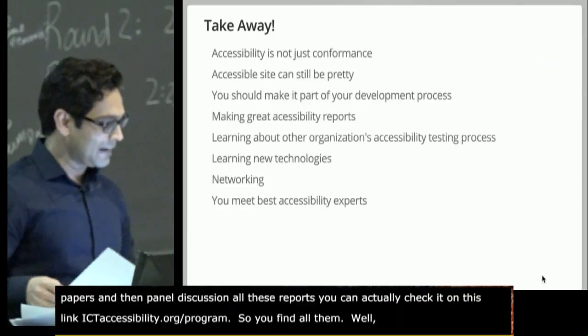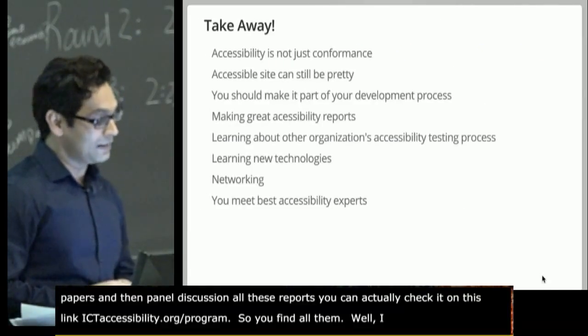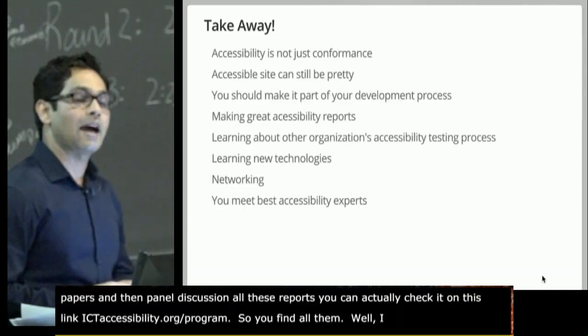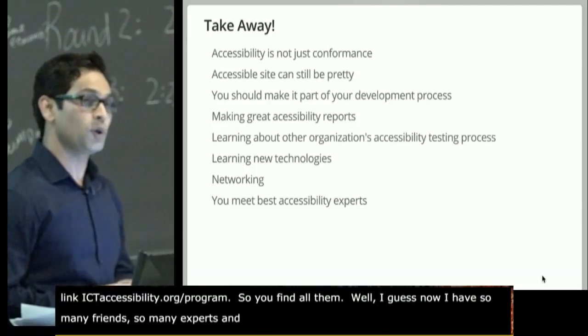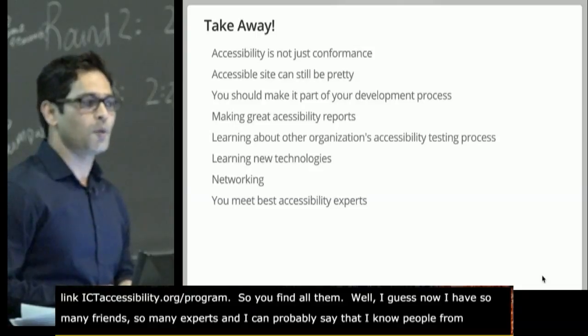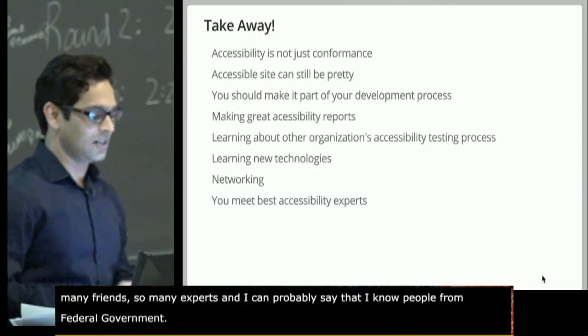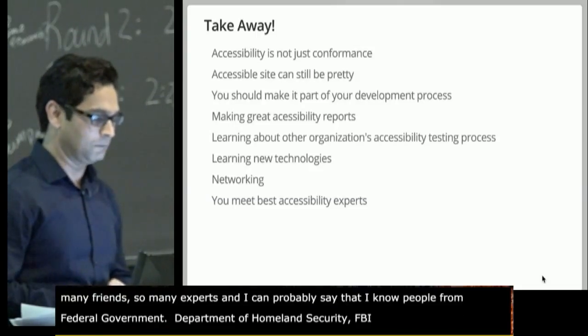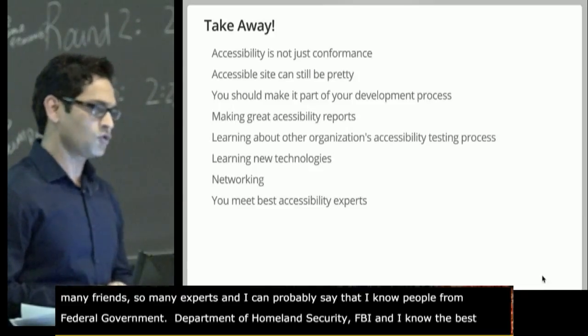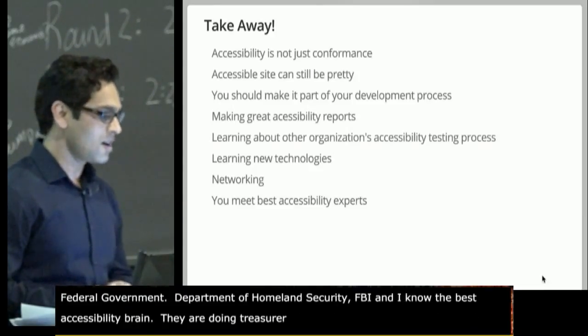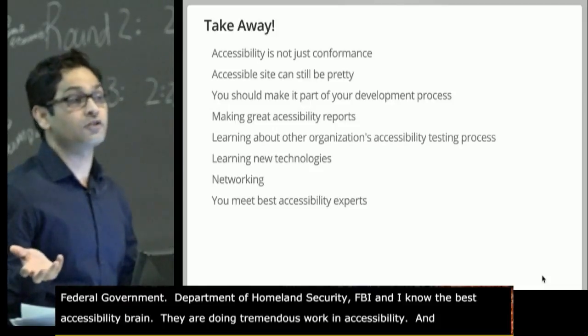Well, I guess now I have so many friends, so many experts, and I can proudly say that I know people from the federal government, Department of Homeland Security, FBI, and I know the best accessibility brains. They are doing tremendous work in accessibility. I'm continuously in touch with them.